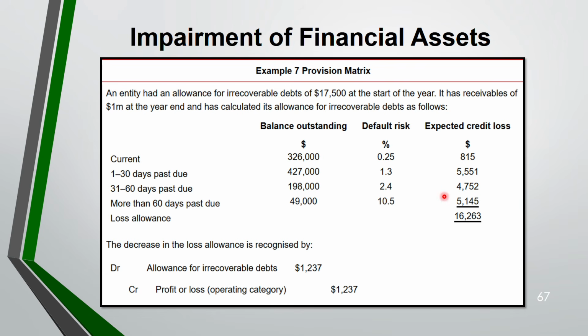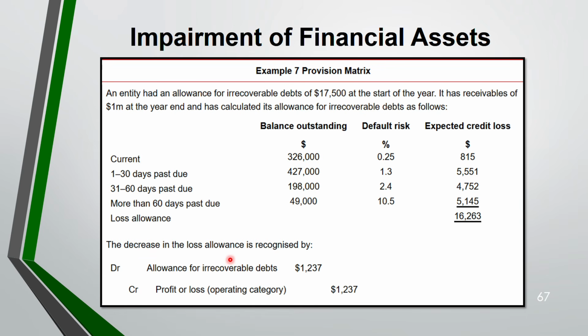You see, compare this loss allowance with the allowance for irrecoverable debt. It's less. At the start of the year it was 17,500, but throughout the year it has decreased. So the change from 16,263 to 17,500, there has been a decrease in the loss allowance.